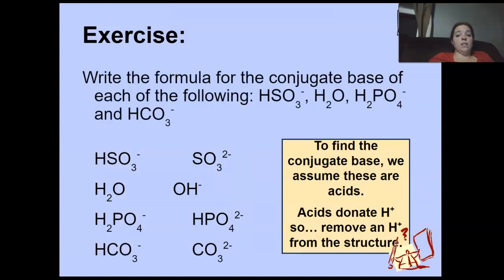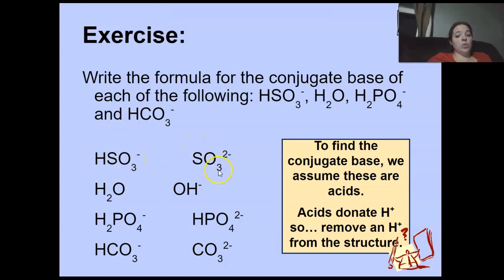So again, let's find the conjugate base. That means I'm getting rid of or losing a hydrogen. To find that, it donates. We assume these are acids, and it donates. So you've got to get rid of one of the hydrogens. So we've got HSO3. Get rid of the hydrogen. You're going to make it more negative.